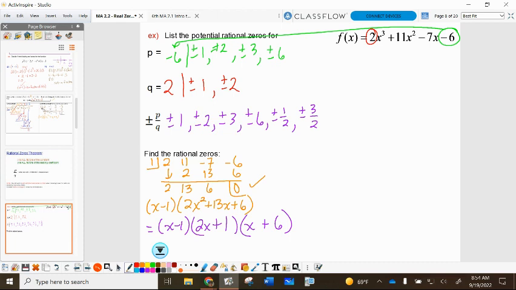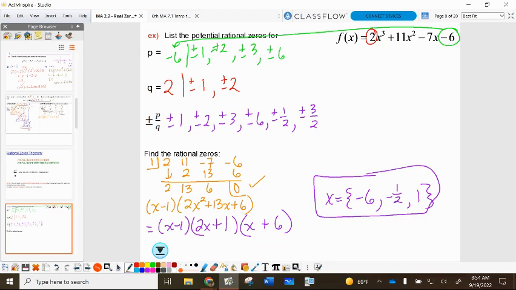Now they said to find the rational zeros, so those zeros are going to be x equals, and we want to go in order from smallest to largest, negative 6, negative 1 half, and positive 1. And again, that's just setting the factors equal to 0 and solving for them. Most of you will be able to just do that in your head. So those are the actual rational zeros of this function.